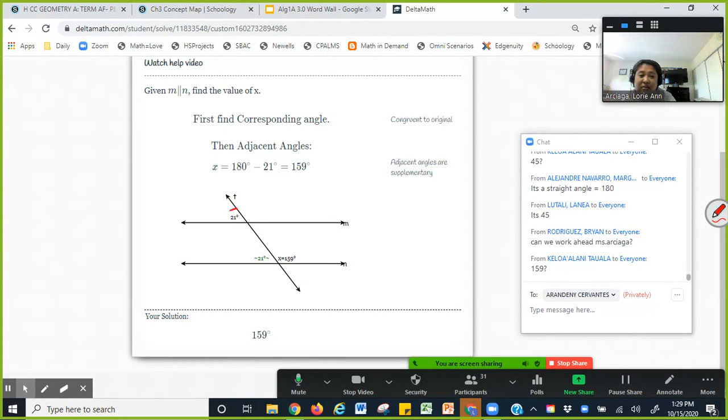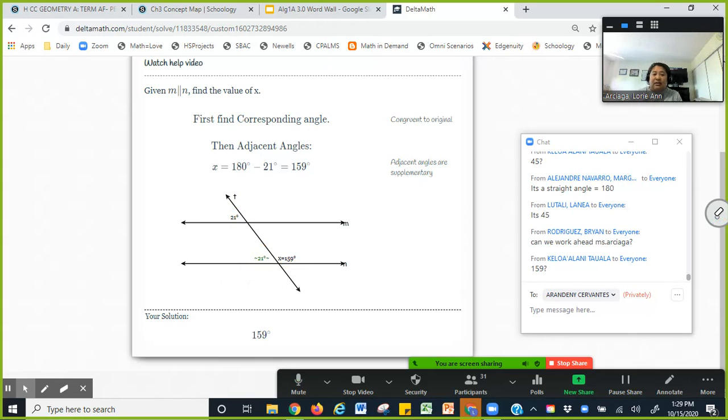These two angles are corresponding angles. So that means they're congruent to each other, right? So if they're congruent to each other, this also goes 21. And then these two now will form a linear pair. So you see how, depending on the combination of angles that you will use, you can solve it differently, but you will, of course, get the same answer. All right.